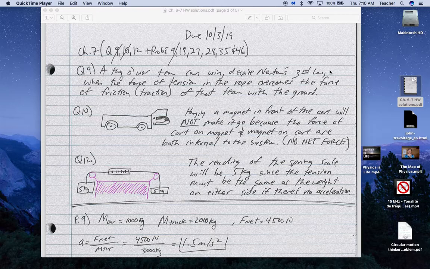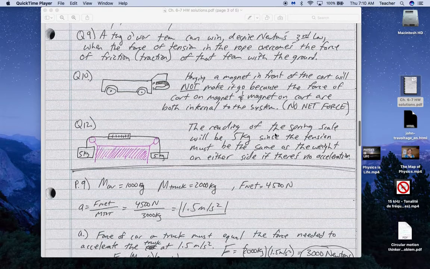Tug of war is kind of interesting, especially when you start thinking about Newton's third law. You're like, hey, that seems a little weird that someone can win, but it's really the interaction of the team with the ground. That's why successful tug of war teams tend to be made of very heavy people. So they have a lot of normal force with the ground, and therefore they have a lot of frictional force with the ground.